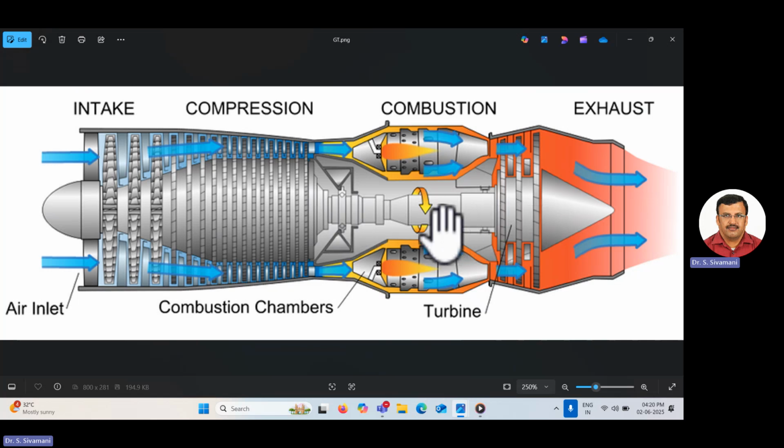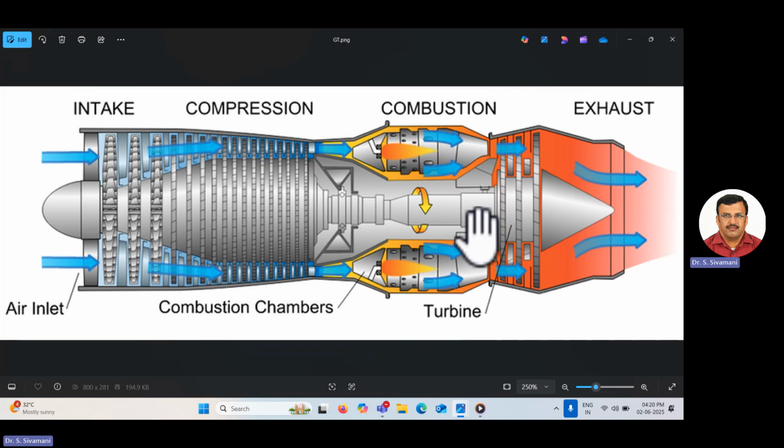Some of the power generated by the gas turbine is used by the compressor itself, and after the compressor uses its share, the remaining power comes out as the power of the Brayton cycle.